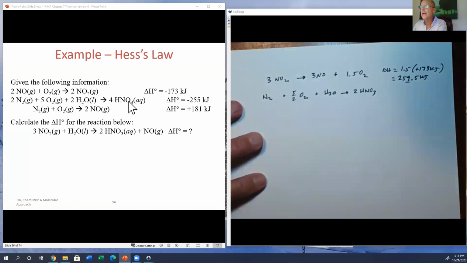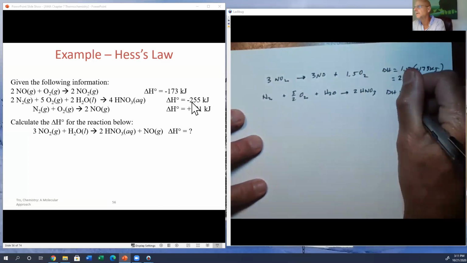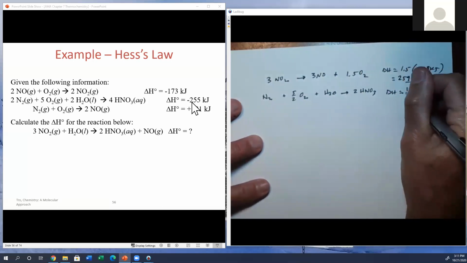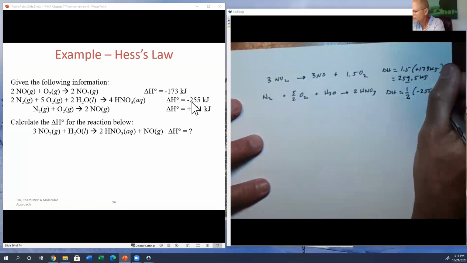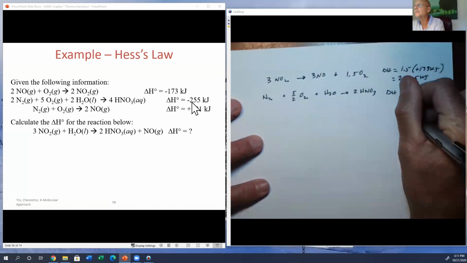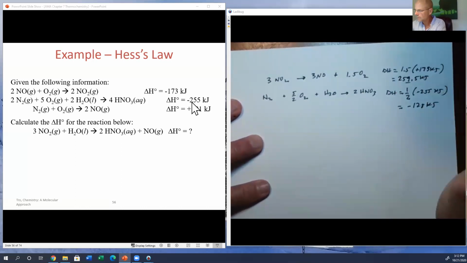And now, since I divided it by 2, what do I have to do to delta H here? Divide by 2 as well, or multiply by 1/2, which is the same thing. And that turns out to be equal to negative 128 kilojoules.